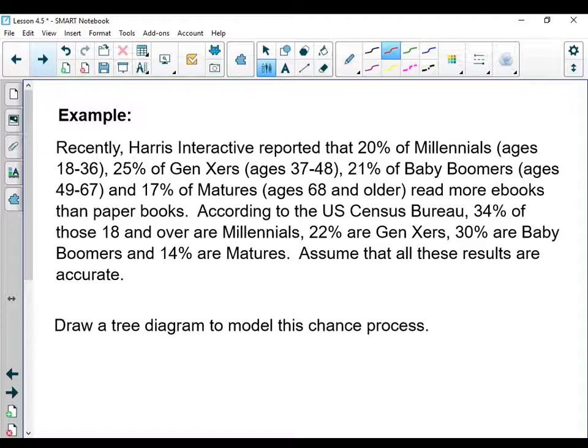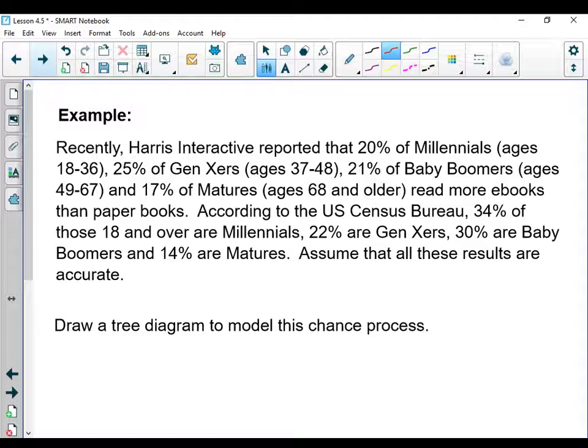They said that those different groups read more ebooks than they did paper books. According to the Census Bureau, it has all these different percentages of people they looked at. So 34% of those 18 and over are millennials, 22% were Gen Xers, 30% were baby boomers, 14% were maturers.